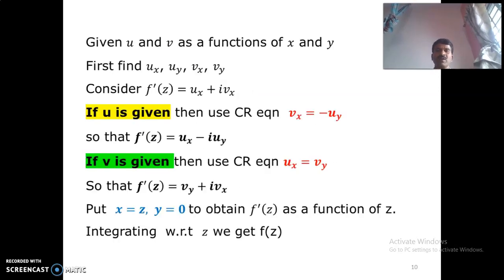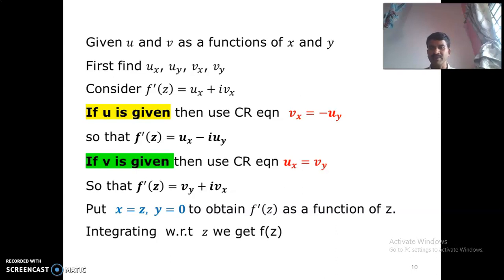Then we shall see how to find the derivative of an analytic function, and also you can verify some relations with the CR equations.